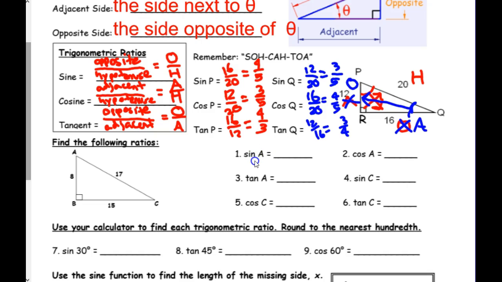So I want everyone to put an arc at A. I'm going to give you 10 seconds from A. I want you to label O, H, and A, just like I did on this triangle up here. So starting now, see if you can label O, H, and A real quick. In 10 seconds. 5, 4, 3, 2, 1.